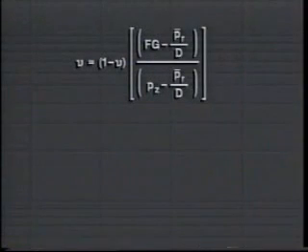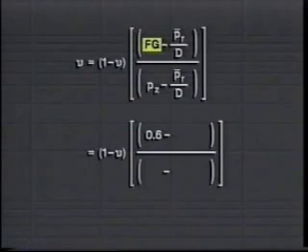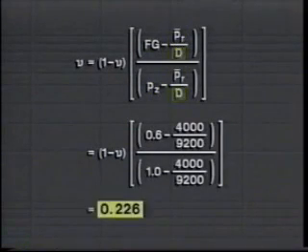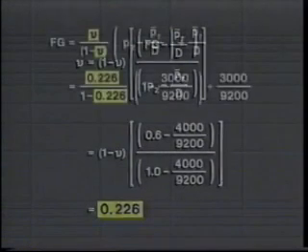For our example, we have chosen a method that requires determining Poisson's ratio first. Based on values for the fracture gradient, overburden, reservoir pressure, and depth, it is calculated to be 0.226.